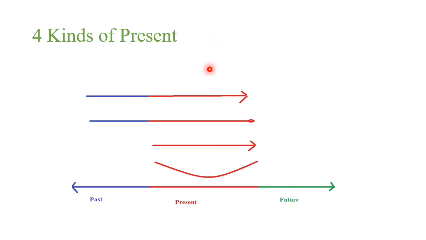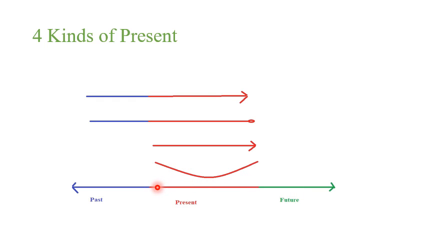Now, today, because we are discussing the last kind of present, let us have a brief look through this diagram at the difference between these four kinds of present. This is the time bar, as we divide time into past, present, and future. We are talking about present.